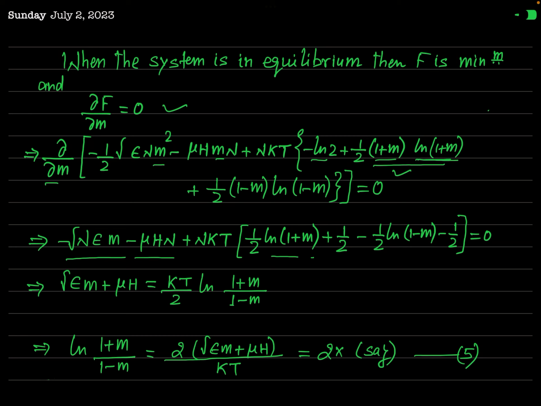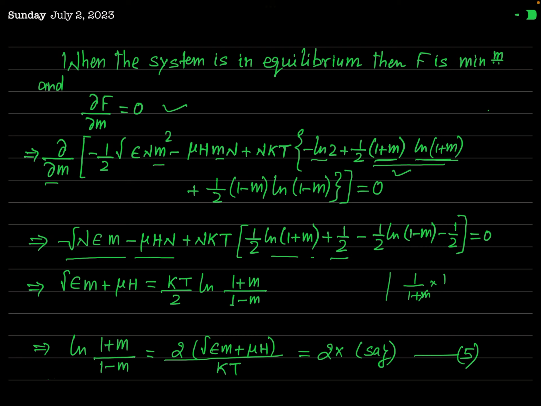You know that log 1 plus m, when differentiated with respect to m, will be 1 by 1 plus m times 1. So this 1 by 1 plus m and the multiplicative factor 1 plus m will cancel out, and your result will be simply 1 by 2.